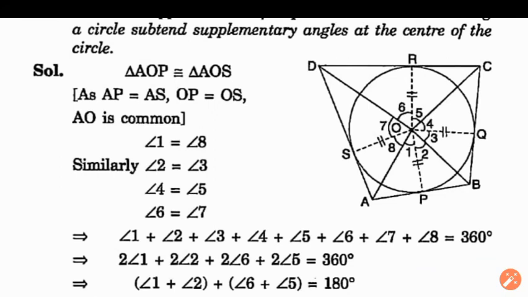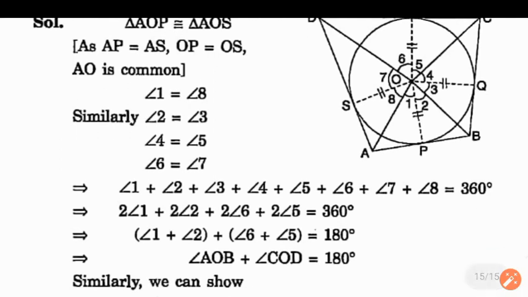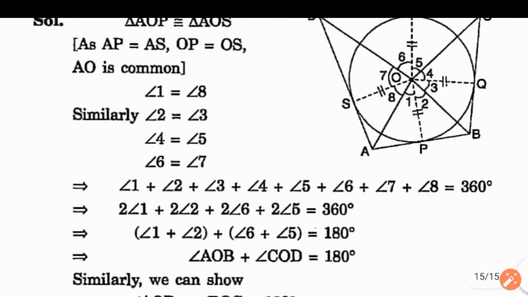Now, as we know that angle 1 and angle 8 both are equal, so in place of angle 1 plus angle 8 we can write twice of angle 1. Similarly, angle 2 and angle 3 both are equal, so we can write twice of angle 2.